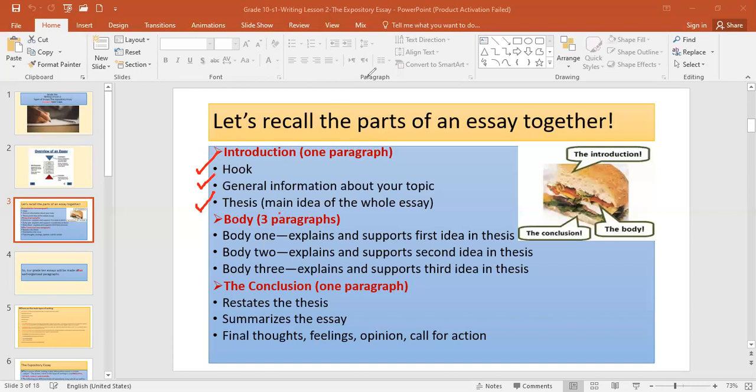Now, one question, which I hope all of you know. Haya, can the thesis statement be in question form? Sharif, can a thesis statement be written in question form?